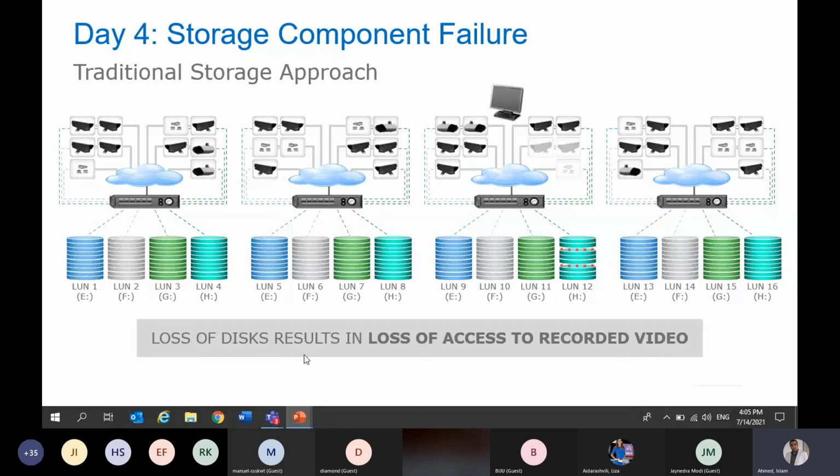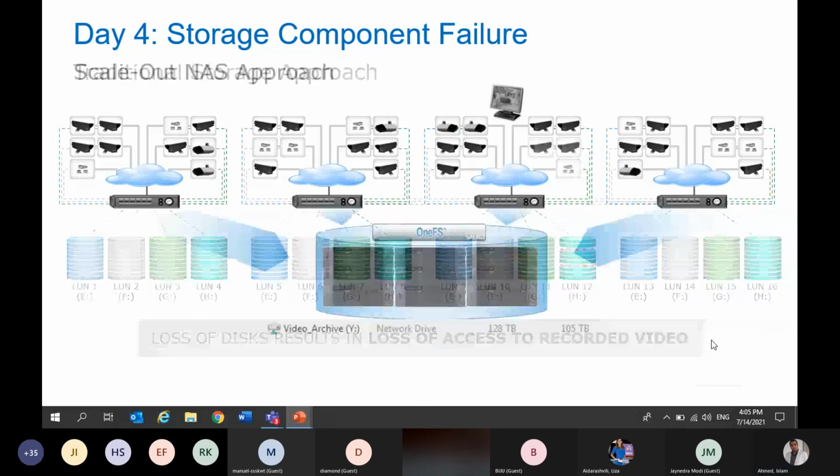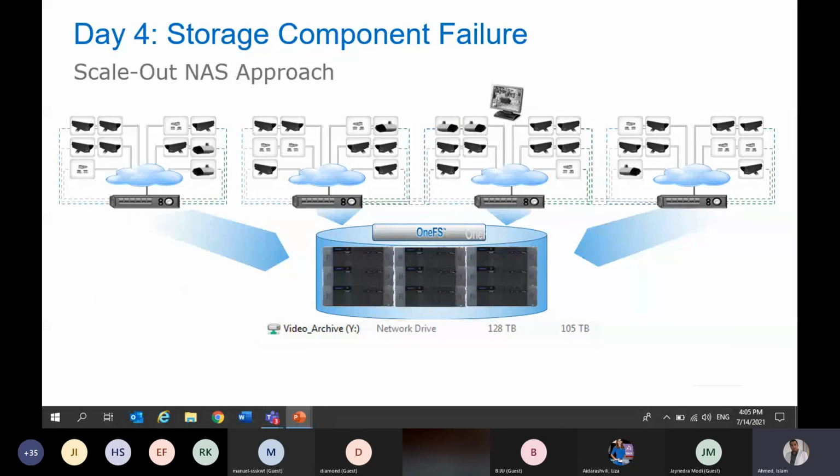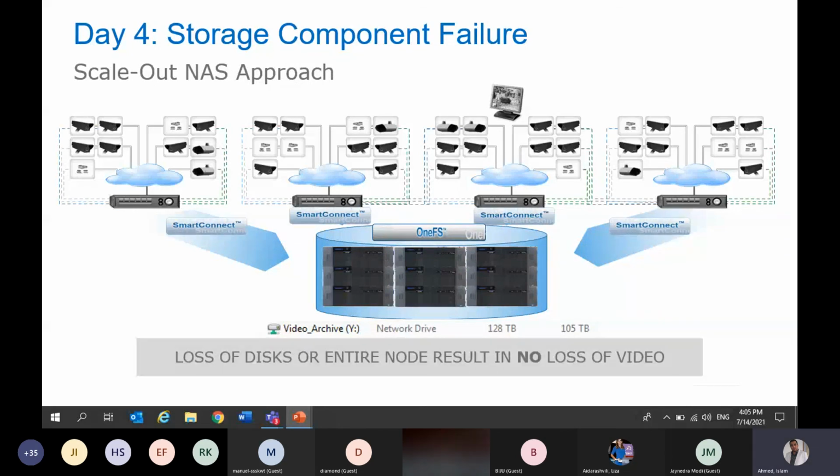So the loss of disks results in loss of access to the recorded video. With Isilon, even losing a full entire node, not only disks, there is no loss of video because of a feature called SmartConnect coming with OneFS.